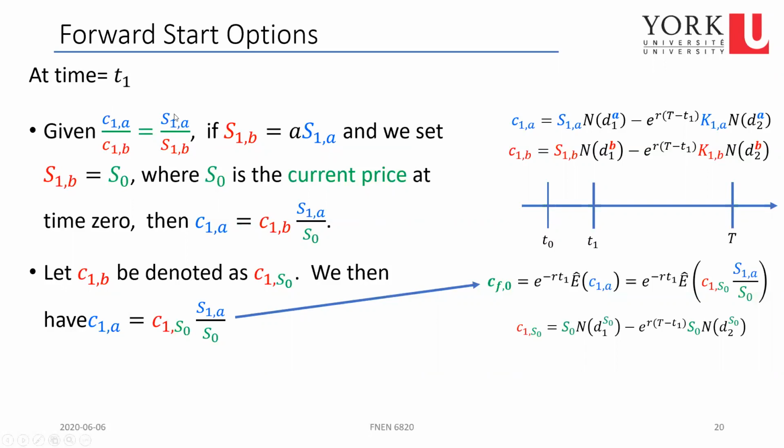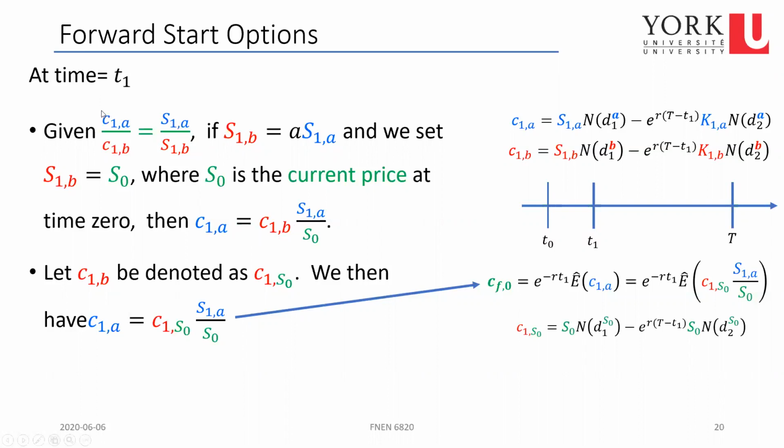So we can force this condition to be the case that this S1 scenario B is the scenario in which the realized price is just the currently observed stock price. Now, if that is the case, we can substitute this S1B to be S0.